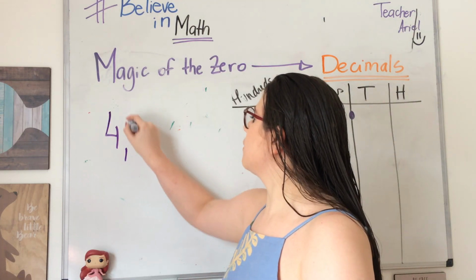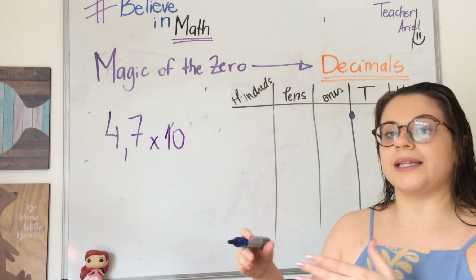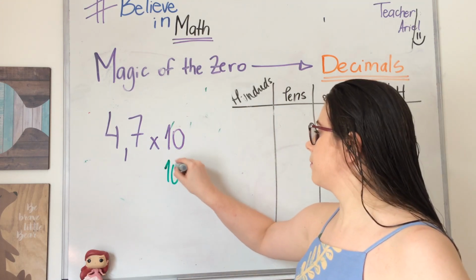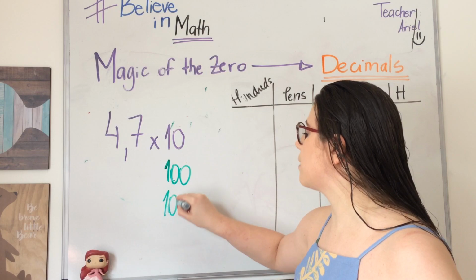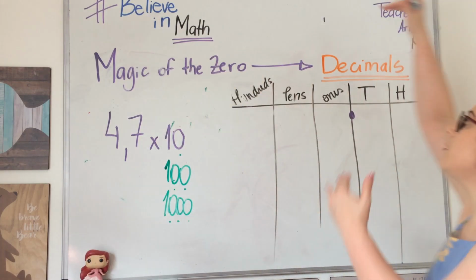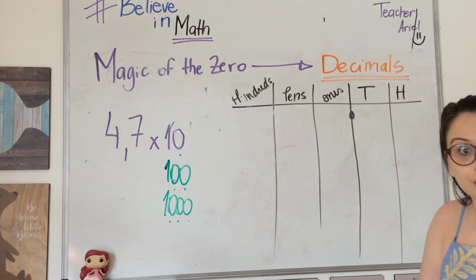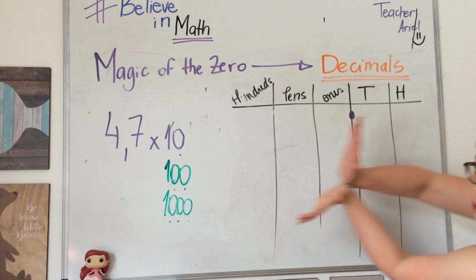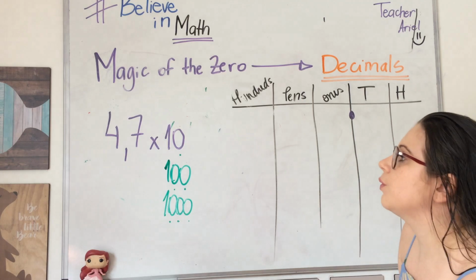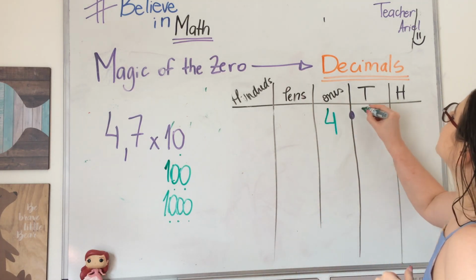What you need to think is that when you multiply by 10, by 100, by 1000, these zeros are coming to the place value. But what are they going to do? They are going to push the numbers forward. So let's put our number 4 and 7/10 in the place value.